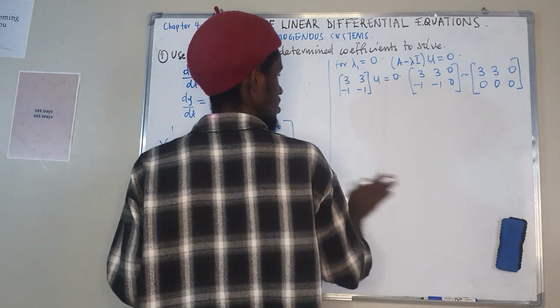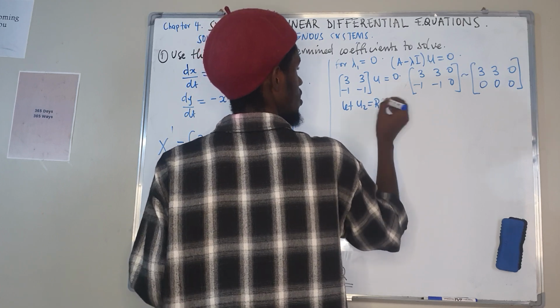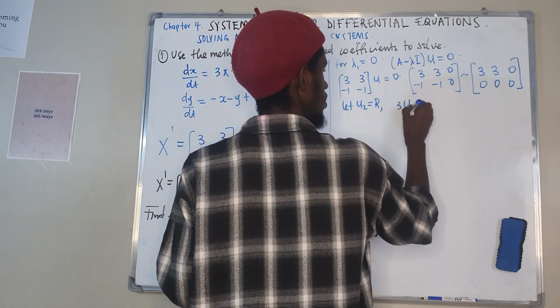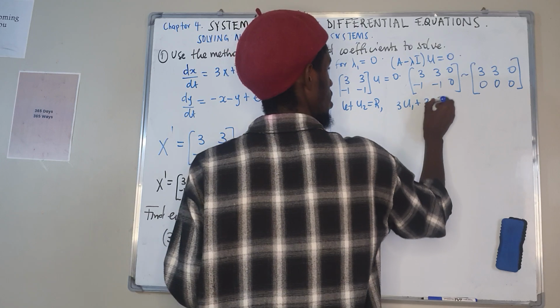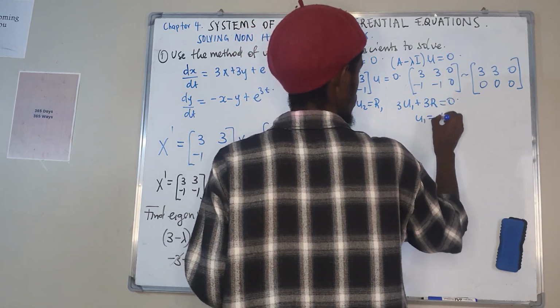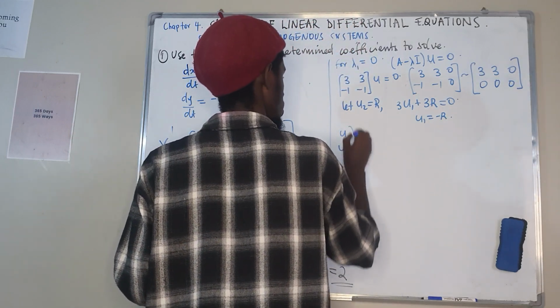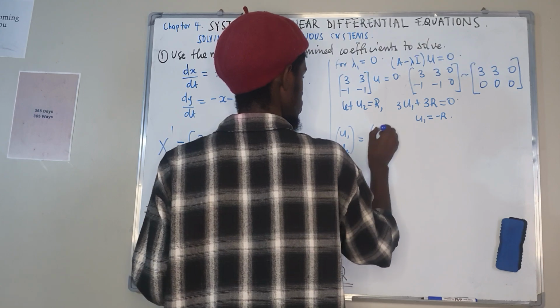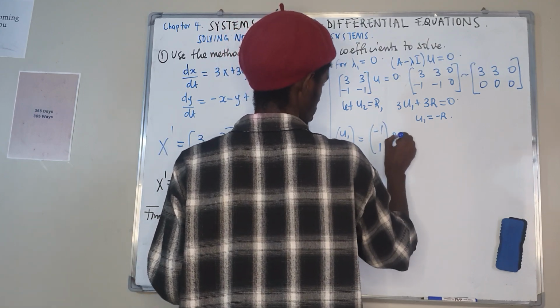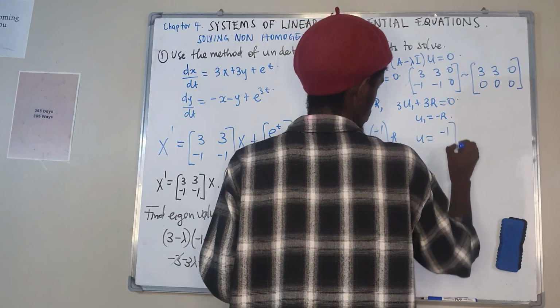I just say let my u2 equal to r. Therefore, my 3u1 plus 3r equals to 0, and therefore my u1 equals to negative r. Therefore, I'll be able to write my u1, u2 equals to negative 1, 1, times r. Then when r is 1, my u equals to negative 1, and then a 1 here.